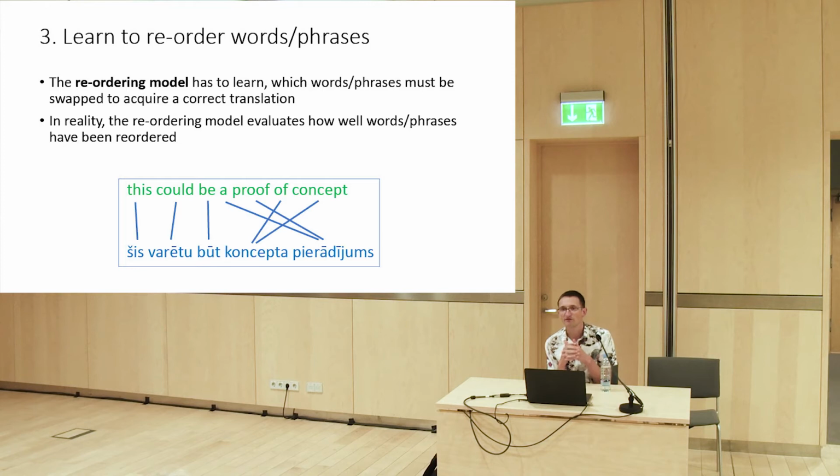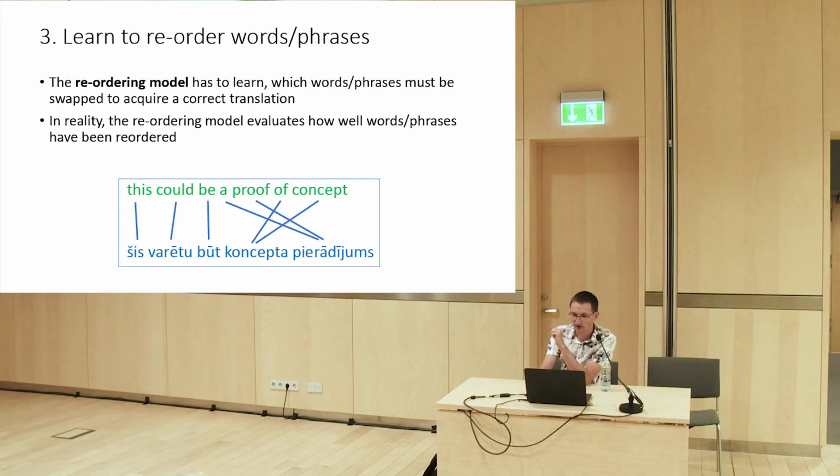So if I have split a source sentence into 5 phrases, and for all of those 5 phrases I have 5 translations found in the translation model, I can assemble a translation by ordering the phrases in many different ways. And the task of a reordering model is to evaluate, have I done the reordering of those phrases in the target language correctly or not?